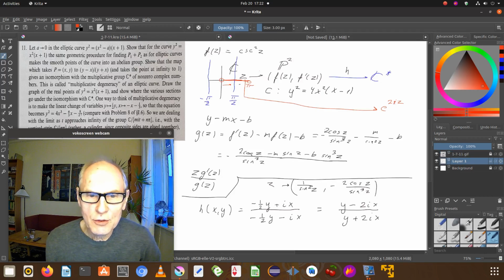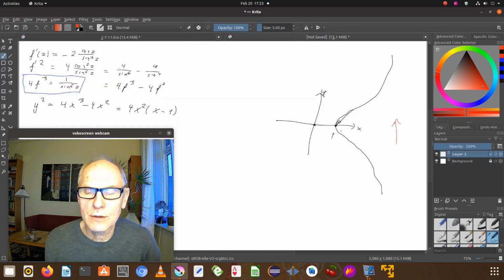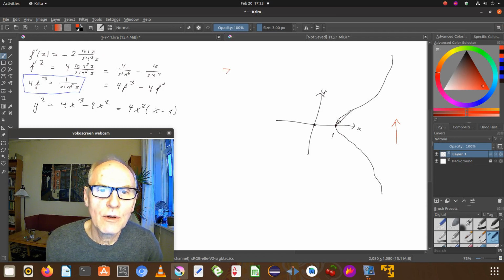And it maps to, so we have Z being real. It goes from 0 to pi. So that goes around the unit circle. Once around.